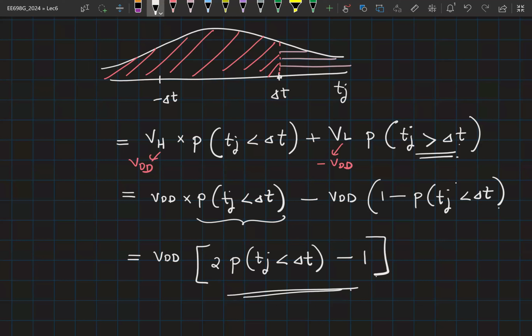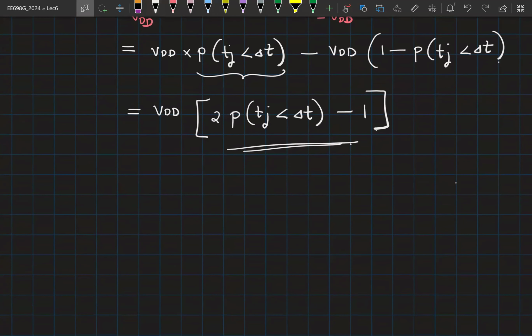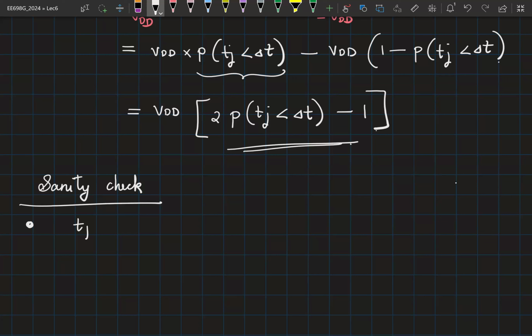What is the first step we have to do? Sanity check. Right. So let's assume that the jitter associated with the signal is 0, and let us say the delta T we are dealing with is positive.